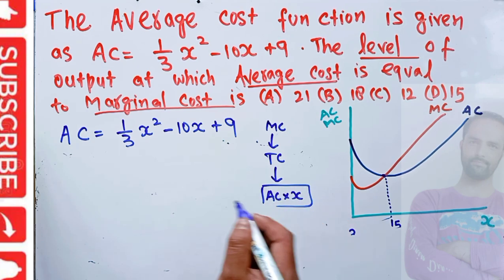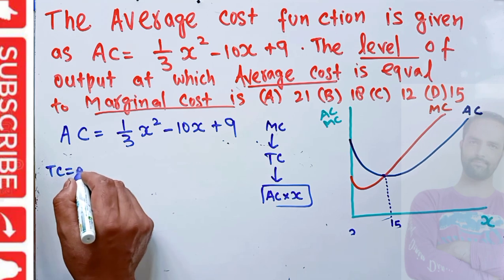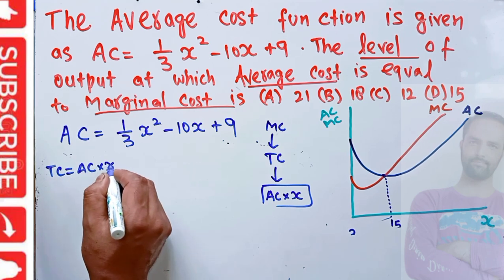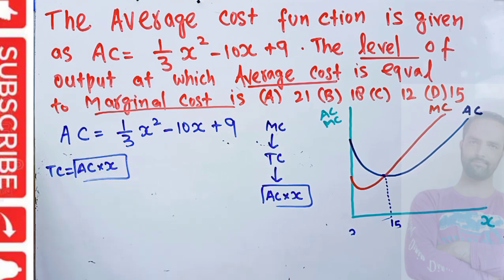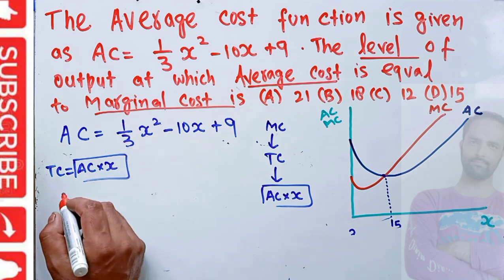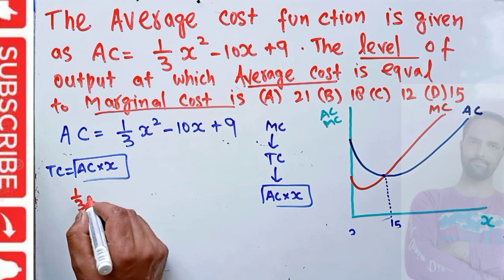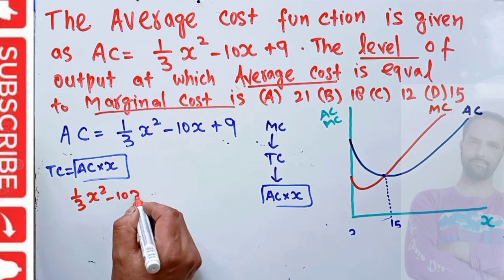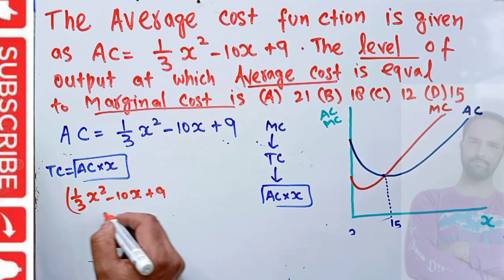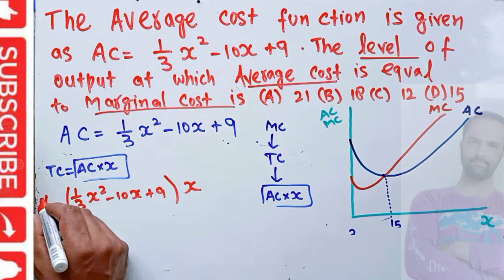You know this, it is a very basic thing. Average cost is given to us, so to this we multiply x. Let us write first x square minus 10x plus 9, and to this we multiply x to get the total cost.